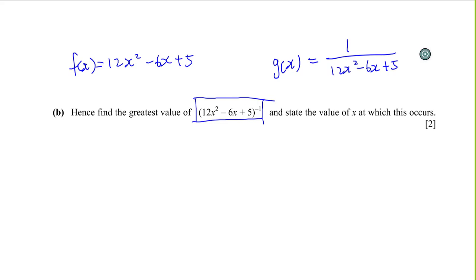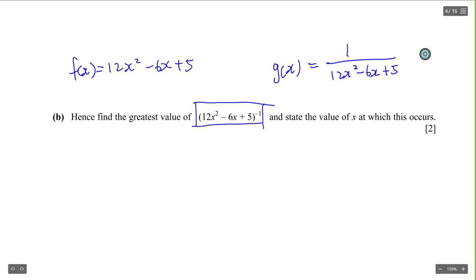So basically what you understand is this is a quadratic equation, right? The quadratic equation, you have a u shape because 12 is a positive number. So you have a u here. What happens if I inverse this one? I make it 1 over the whole quadratic equation. I actually checked by using the graphical calculator before, not this question.